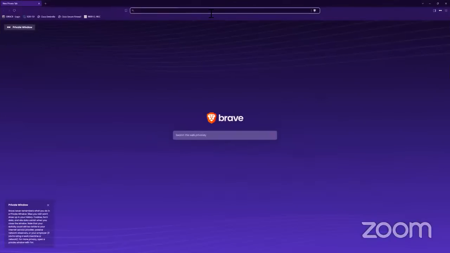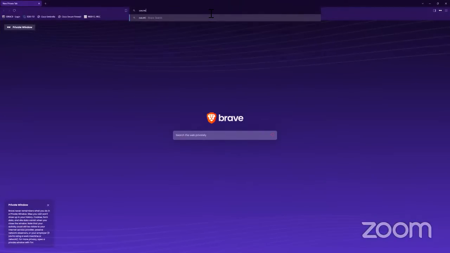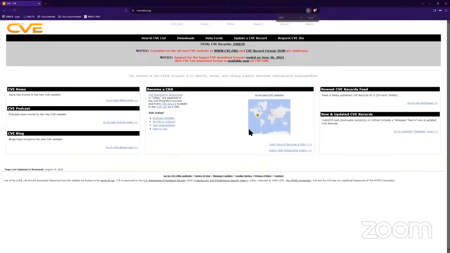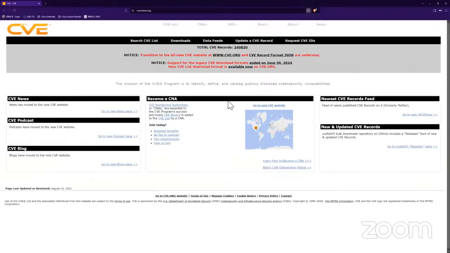If I show you what it looks like, you can go on to cve.mitre.org. You can see right at the top, total CVE records, about two and a half lakh vulnerabilities.